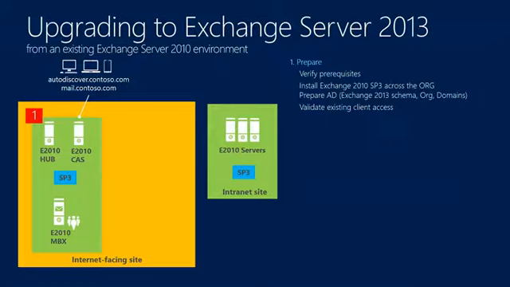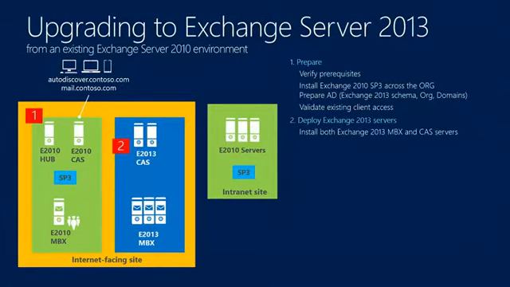That validation step is something that you're going to do periodically throughout the deployment. After you've done a certain step in the deployment, you always want to validate and verify that things are good before you proceed to the next step and so forth. So you'll see that as a recurring theme, this validation process. Then you deploy Exchange 2013, and you'll deploy both server roles, again, either in a multi-role or split roles. But you do need both roles for functionality. I'll explain why that is in a bit.